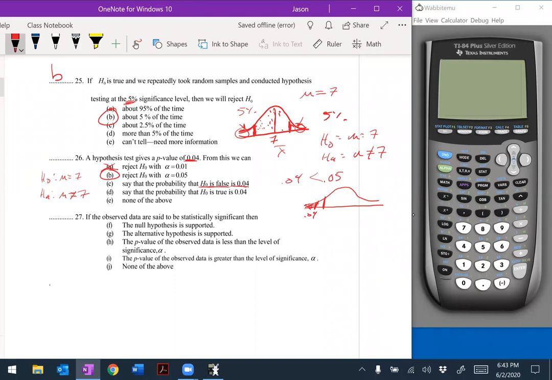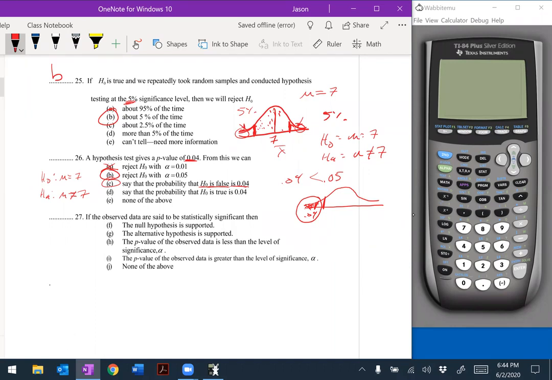It tells me that I have a 4% chance that H0 is false. So I'm going to go with that one as well.